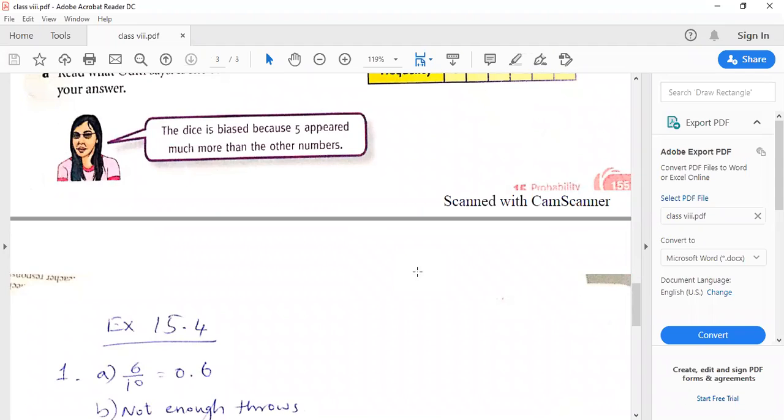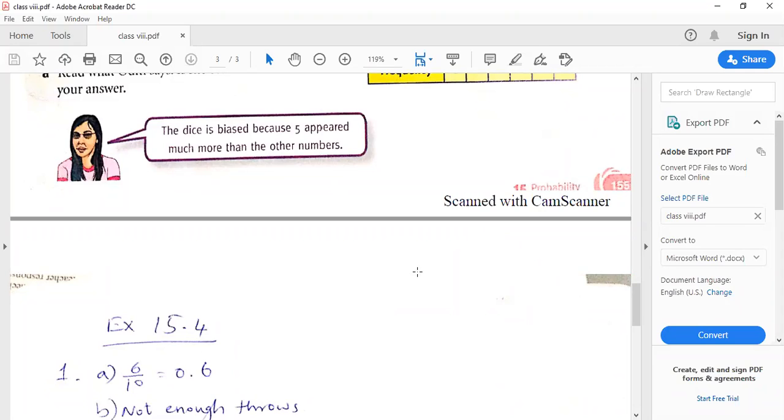Then she spins the coin another 10 times. This time she gets 3 heads and 7 tails. So find the experimental probability of getting a head based on these 20 throws. So now total how many heads? 9, yeah, out of 20, not out of 10.